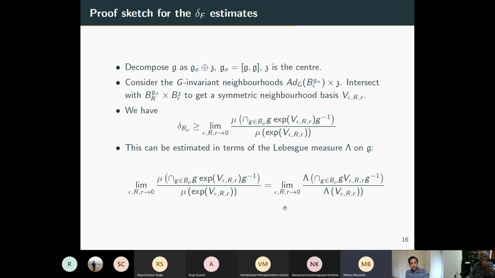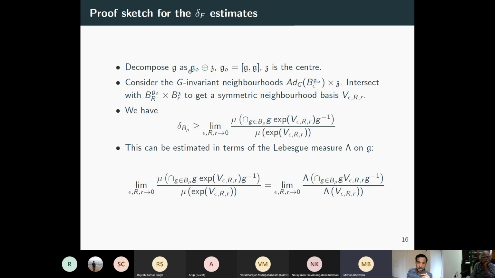Yeah, so to actually estimate these things in the case of reductive Lie groups, the idea is you get neighborhood bases at the level of the Lie algebra, and then you take the exponential to go to the level of the Lie group to get a neighborhood basis there.